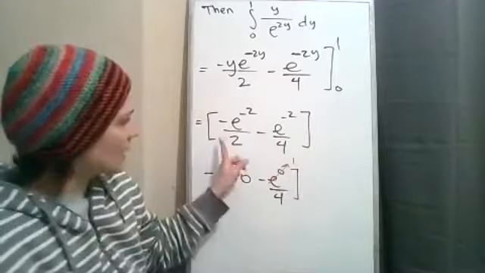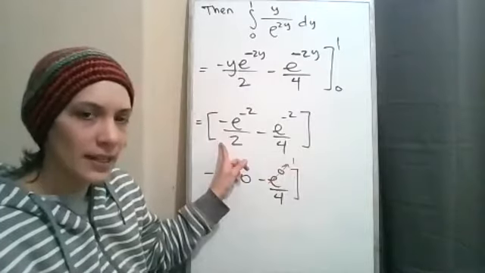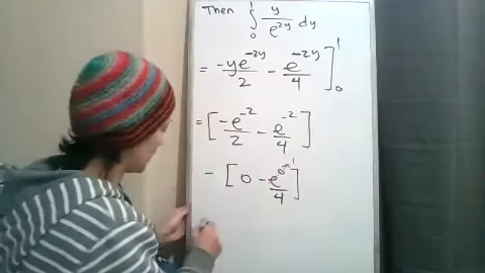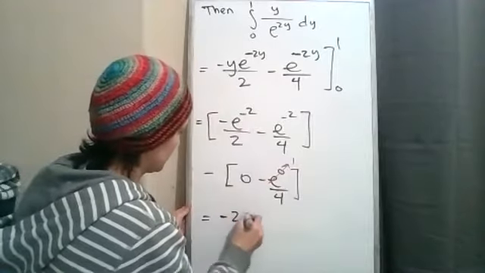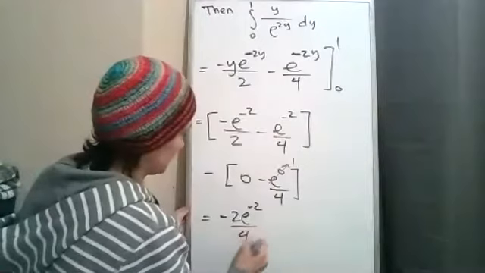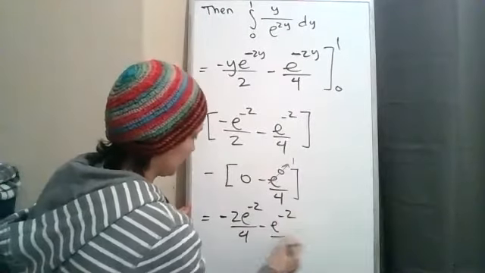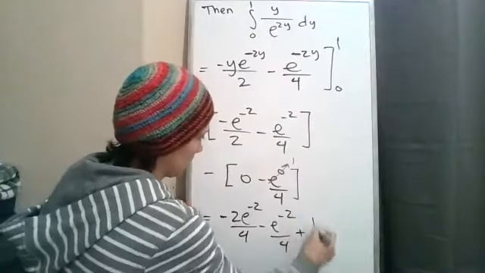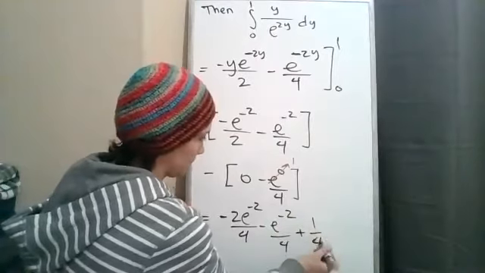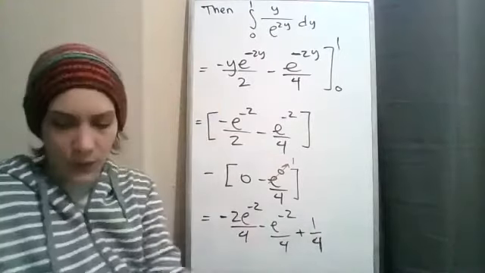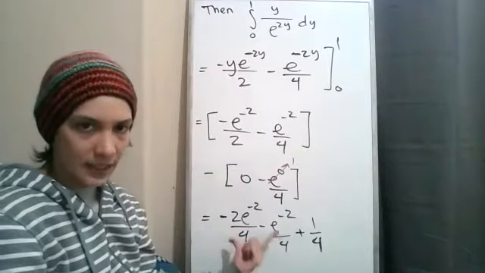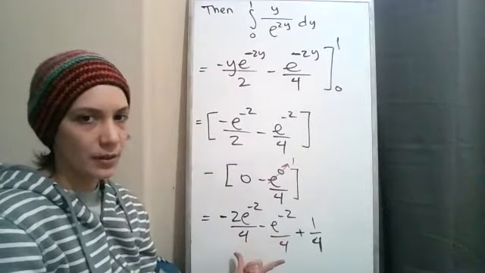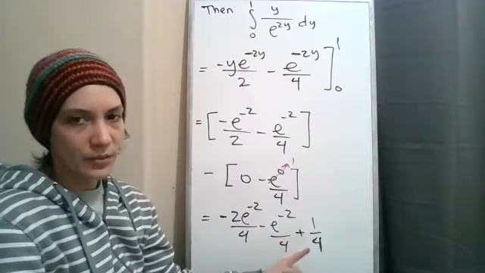And I think I'll get a common denominator right there. Cool. Negative 3 with this together: negative 3 e to the negative 2 over 4 plus 1/4.